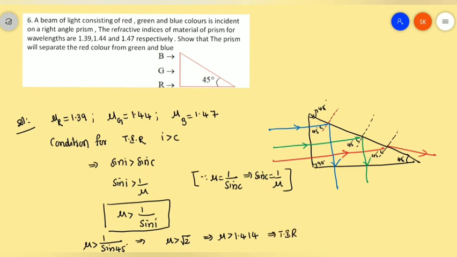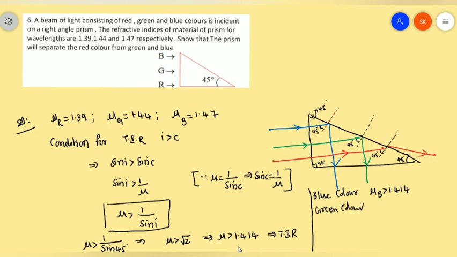Out of the three colors, which color satisfies this? For the red color, the refractive index is 1.39, but total internal reflection requires more than 1.414, so red color does not satisfy this. The blue color refractive index is 1.47, which is greater than 1.414.